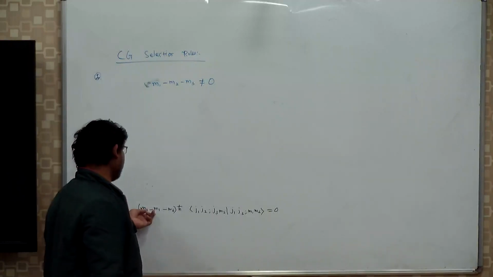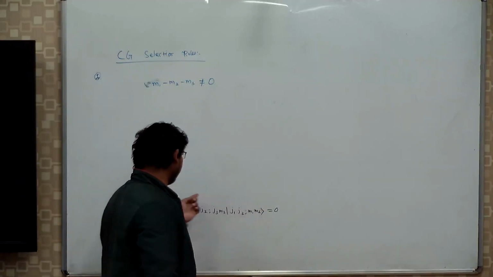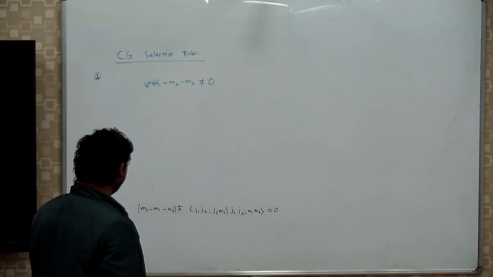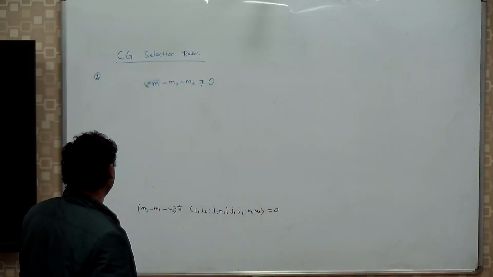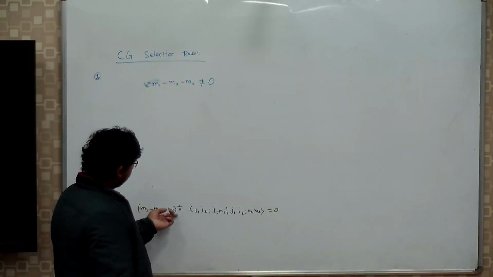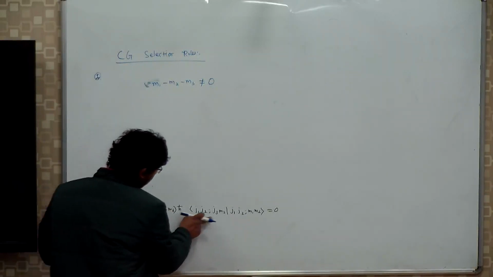If this is 0, then the entire term will be 0, and there is no physical meaning of doing this process, the selection rule. So the inner product cannot be 0, but this factor can be 0.